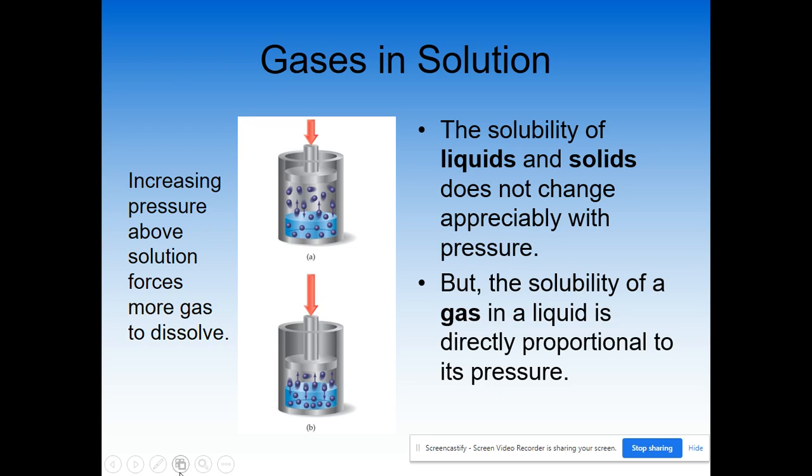When you open up a bottle of soda, you'll hear this whoosh sound, and that's because when they bottled the soda, they put a high pressure gas right above the solution to keep that carbon dioxide dissolved in your bottle of soda.